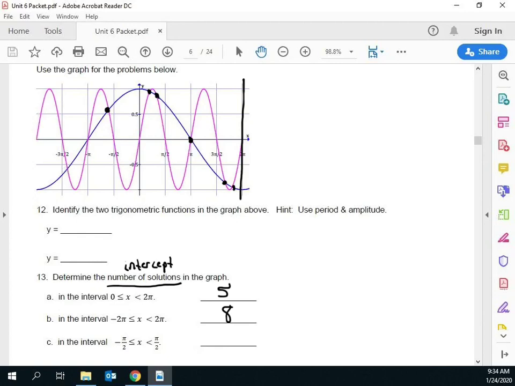And then finally, negative pi over 2 to positive pi over 2. I see 1, 2. Any others? We're done. We're not going to write the equations. Okay?